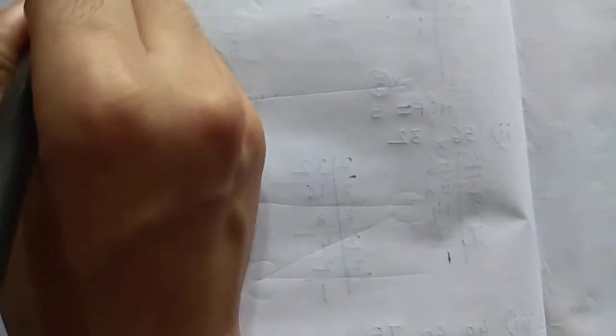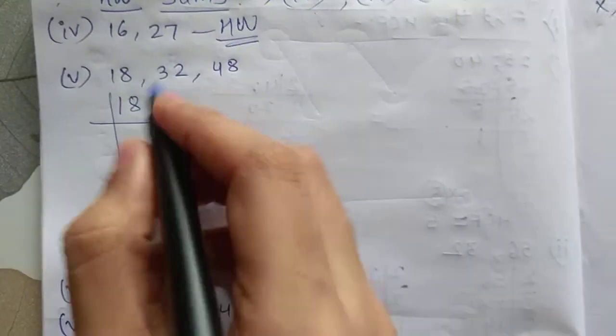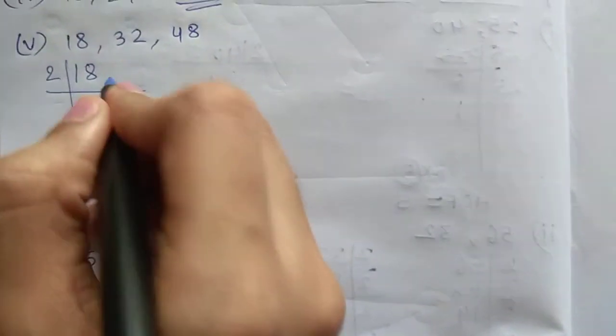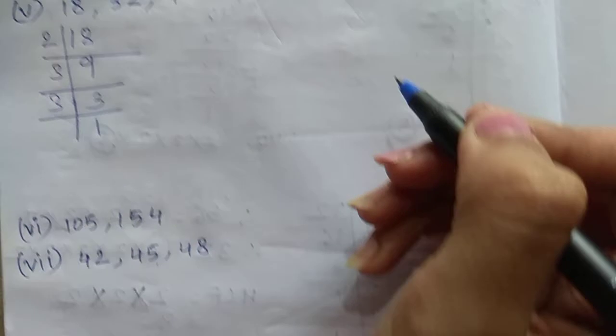Coming on to the fifth one, 18. 18 factorization: 2 nines are 18, 3 threes are 9, 3 ones are 3.